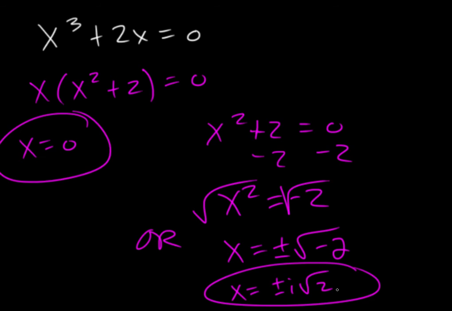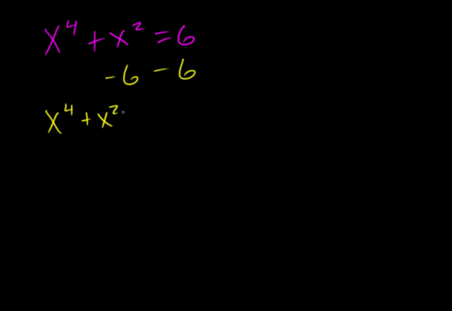And the last one, we have x to the 4th plus x squared equals 6. So we're going to subtract 6 from both sides. And this follows a quadratic pattern.